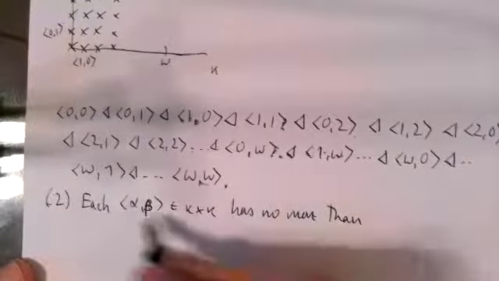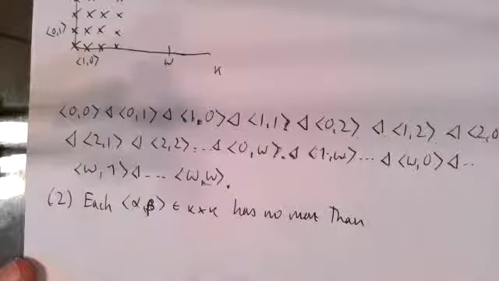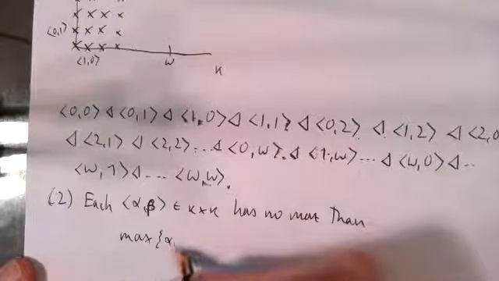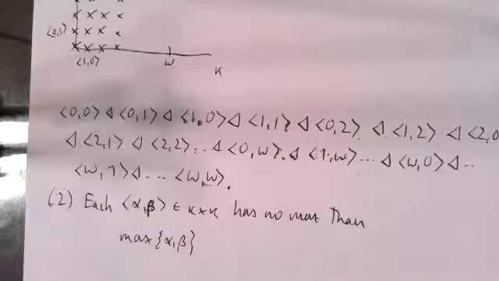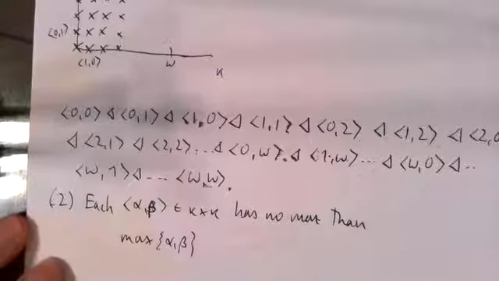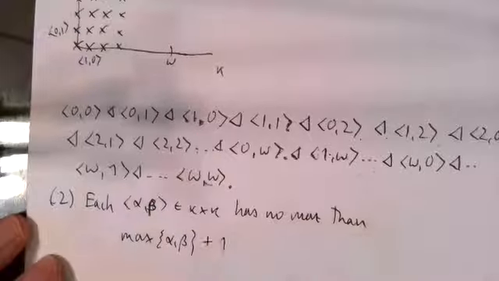Well, it depends how big alpha and beta is. I mean, alpha could be 0 and beta could be large. But actually, we look at the maximum of alpha and beta, the larger of these two here.